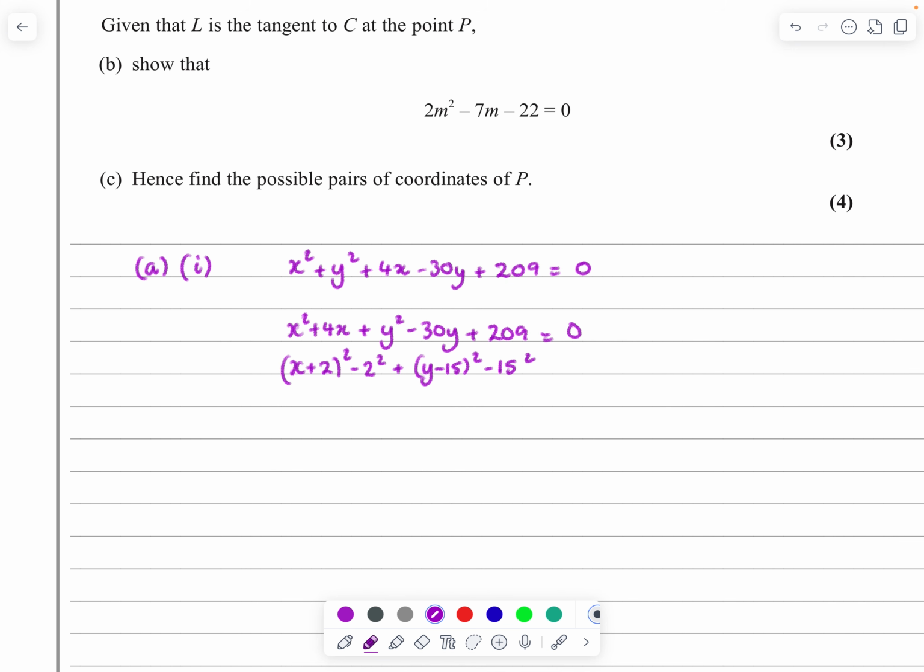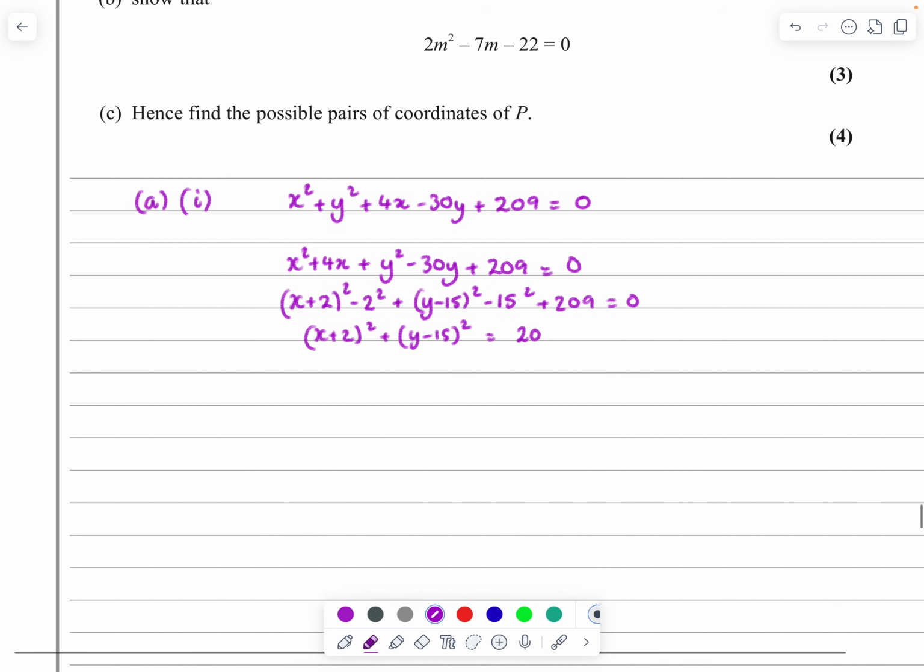So I do minus 15 squared there, plus 209, and then what I can call that is x plus 2 all squared, y minus 15 all squared, and then tidying up minus 4 minus 225 plus 209, getting all onto the other side and tidying it up, it comes to that.